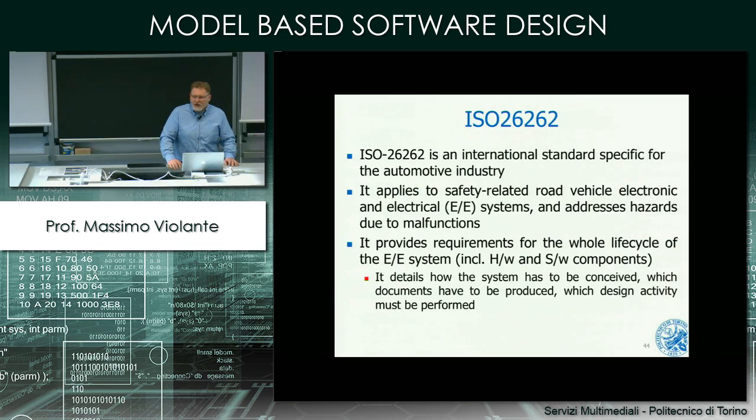If you look at the requests for quotation that are coming from OEMs towards tier 1 suppliers, you will see that there is a chapter of this request that is containing specifications related to the ISO 26262, in the form of: the item shall be analyzed according to the ISO 26262 standard.